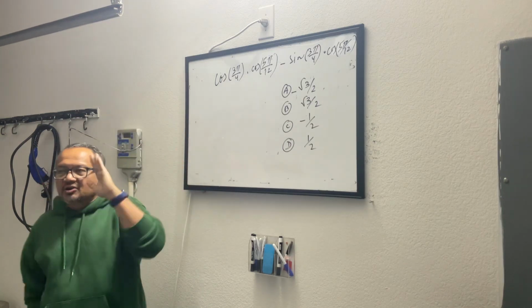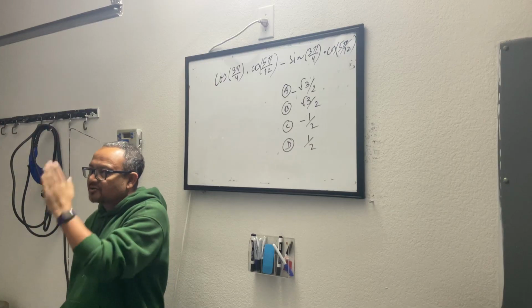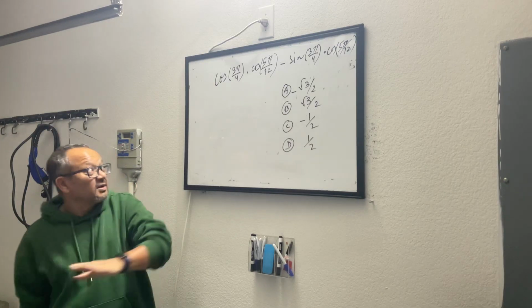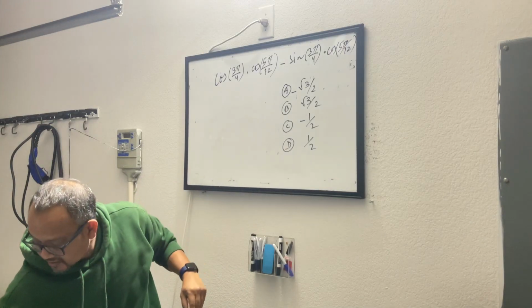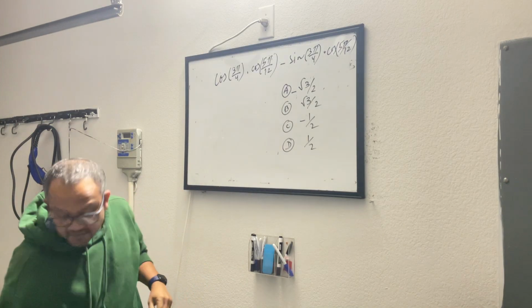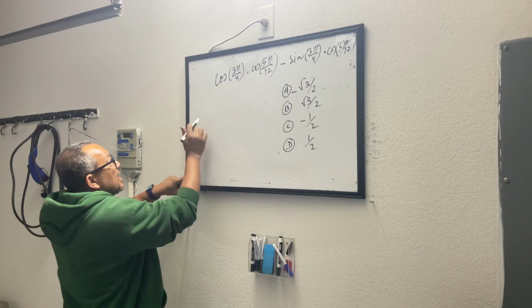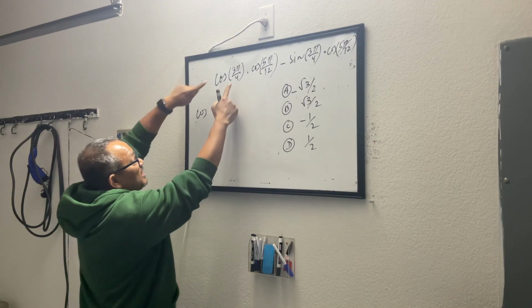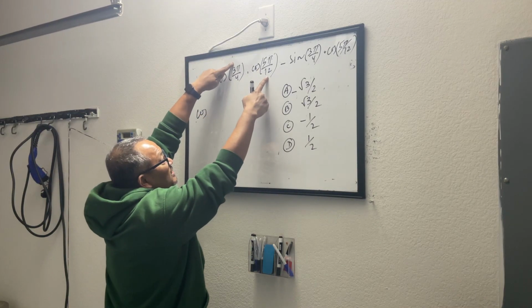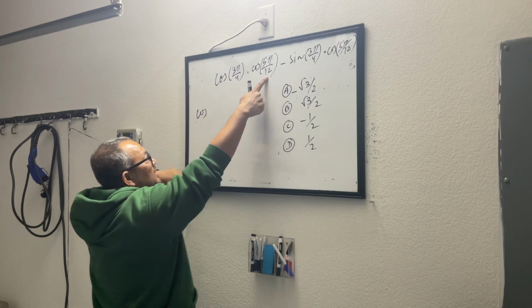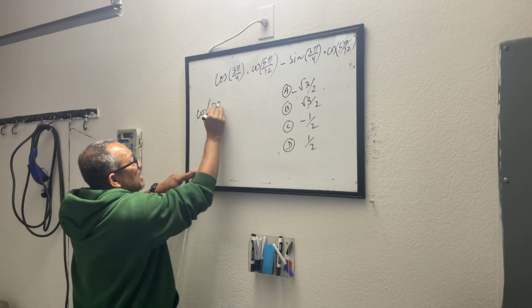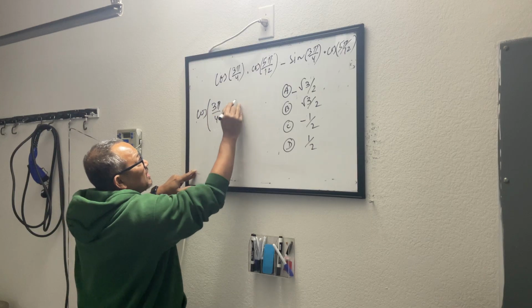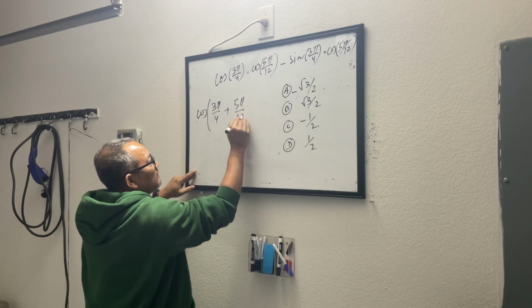We learned that cos of A plus B equals cos of A, cos of B minus sin of A, sin of B. So this is a classic example of the cos of A plus B scenario. So when we talk about cos of A plus B, here my A is 3 pi over 4 and this B is this. So this whole thing will result into cos of 3 pi over 4 plus 5 pi over 12.